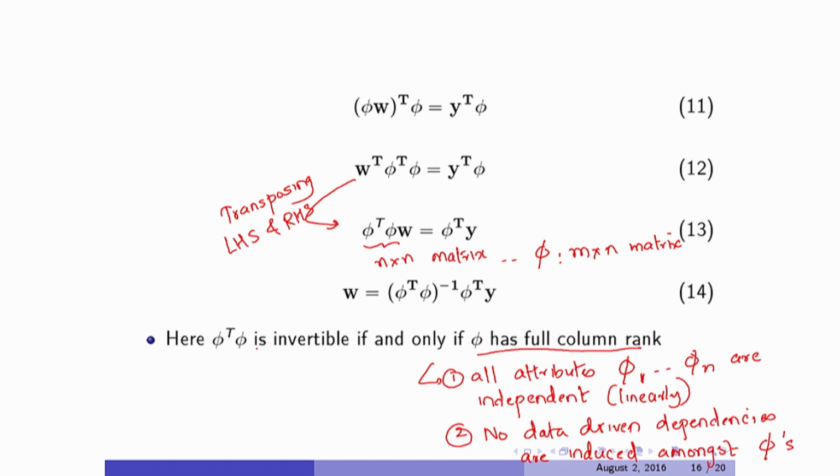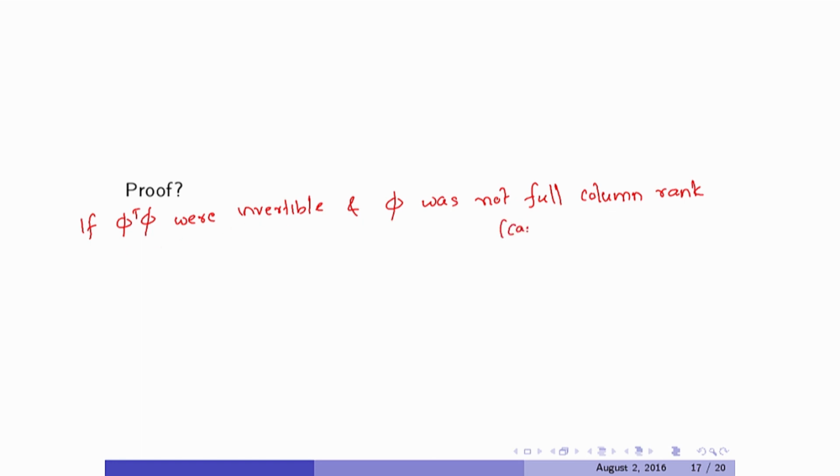So let's get back to the claim about invertibility. If phi transpose phi were invertible and phi was not full column rank, can we discover a contradiction? And the answer is yes.